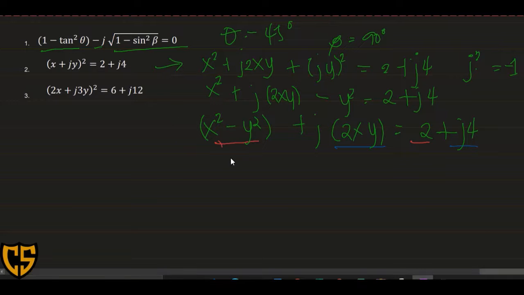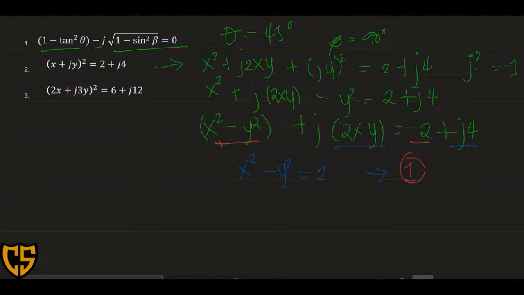So first natin yung equation will be equating the real part. We will have x squared minus y squared is equal to 2. So this will be our equation 1. Okay. Next, another natin equation will be 2xy.